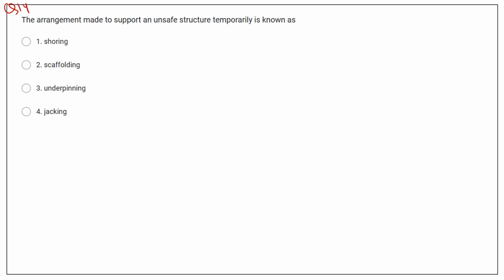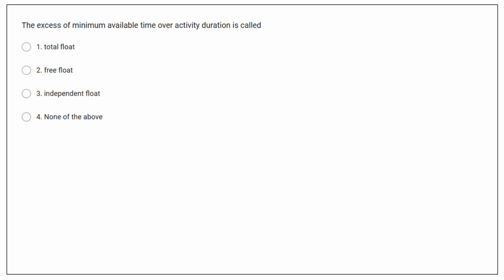The arrangement made to support an unsafe structure temporarily is known as shoring. So first option is correct. Then next question. Question number 15.